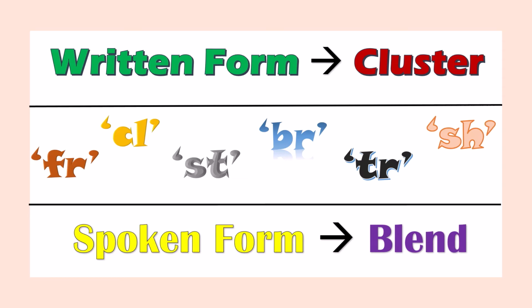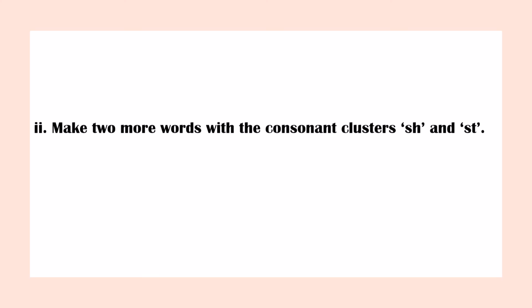So the written form of consonant clusters is cluster, while the verbal, oral or spoken form of those consonant clusters is blend. I hope you understood the topic well because it is the easiest one we have discussed so far, right?